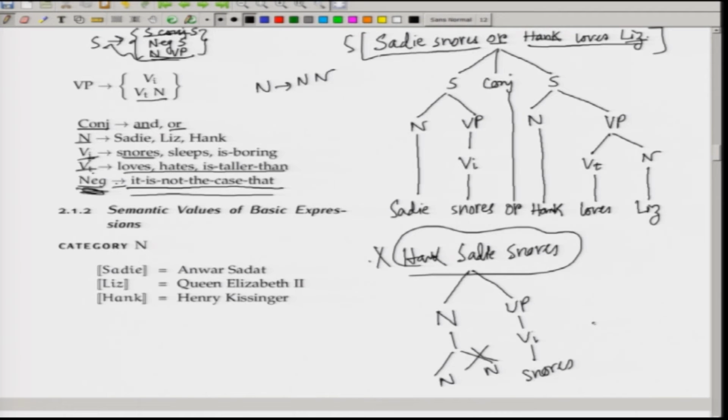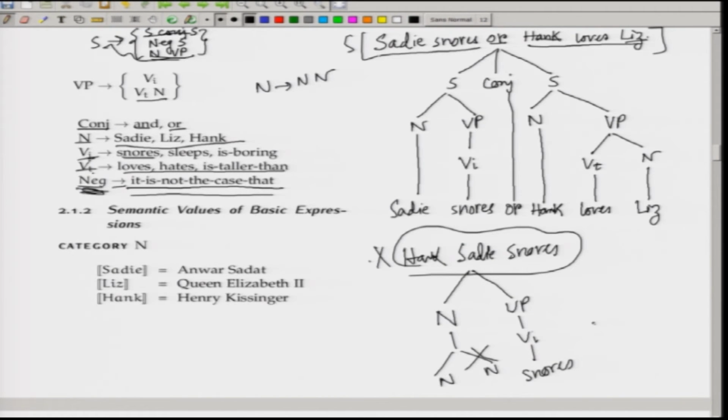Each category now will have its associated values. First, we are looking at the category N, and there are three things there that we have seen: Sadie, Liz, and Hank. So, basically it is the names. Then the semantic values of these names are here.